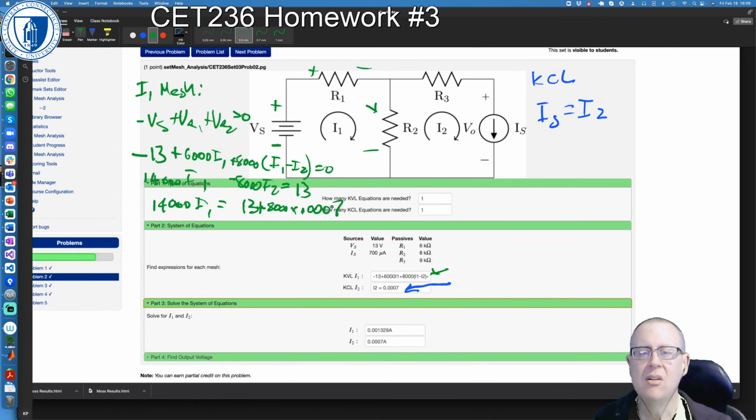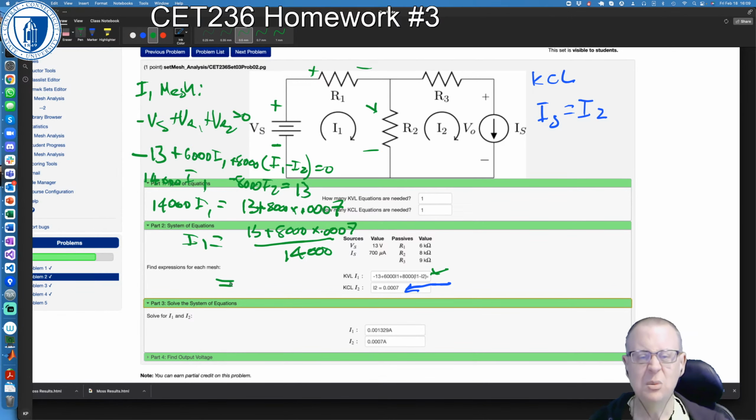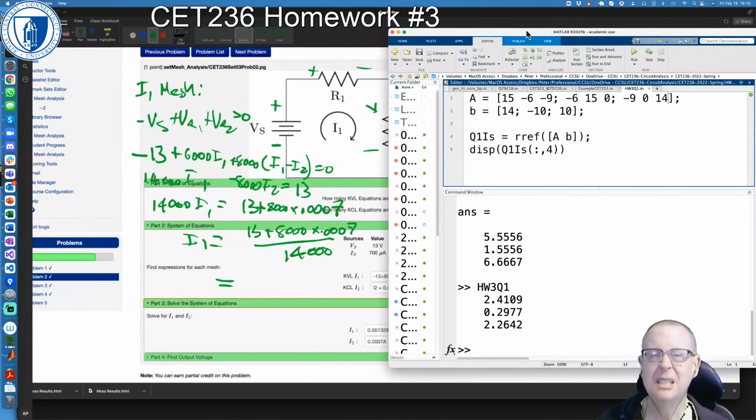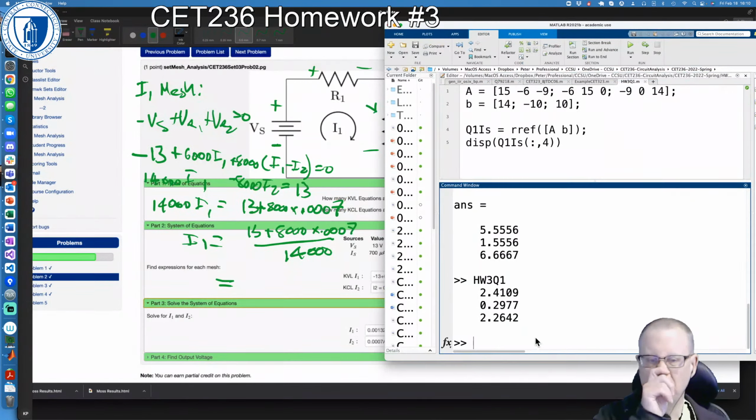0.307, so I1 equals 13 plus 8,000 times 0.0007 on 14,000, and that hopefully equals 1.329 milliamps. But let's grab MATLAB, and I'm not going to do a separate thing for it.